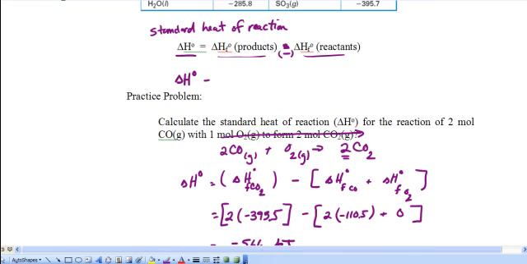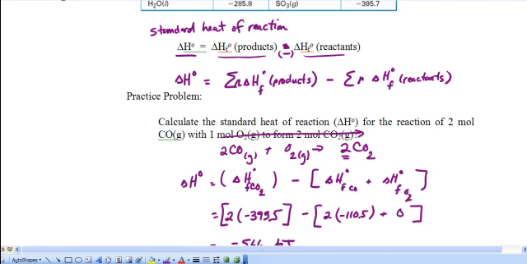If you want this a little more accurate, it is going to be the sum of the delta H of the products, and they'll also put an n for the number of moles in front of that, and that's going to be minus the sum of the delta H of formations of the reactants. And they'll put an n in front of that as well, so that you know you have to multiply by the number of moles in front of it. Okay? We'll see you next time, and we'll actually explain why this works.